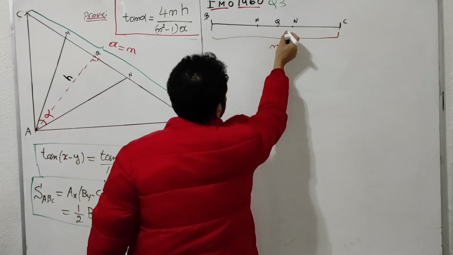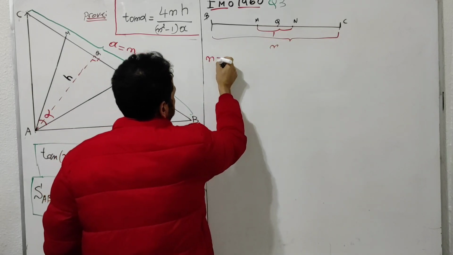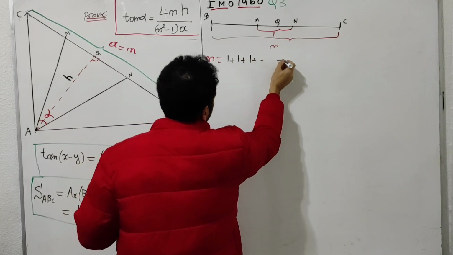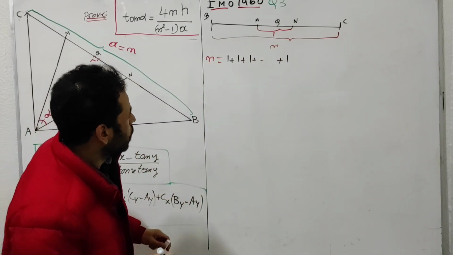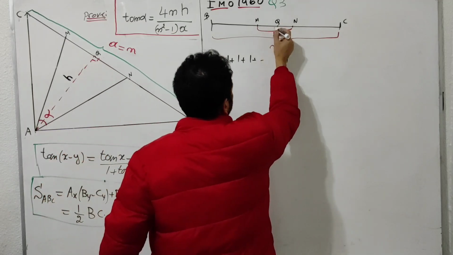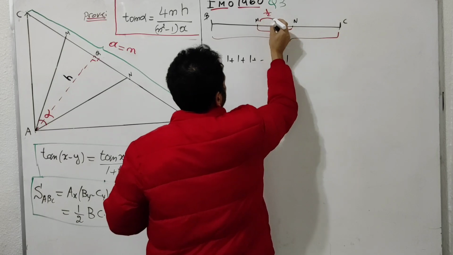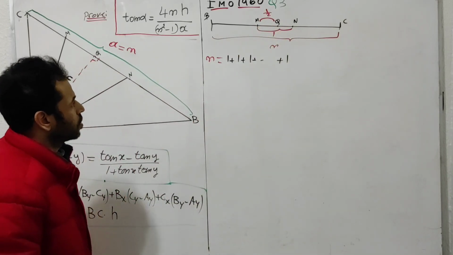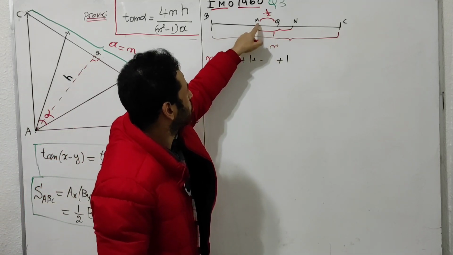So MN equals 1, that means n equals 1 plus 1 plus 1 and so on down to the last term. Then the distance MQ is a half, because Q is located in the middle of this little segment MN.